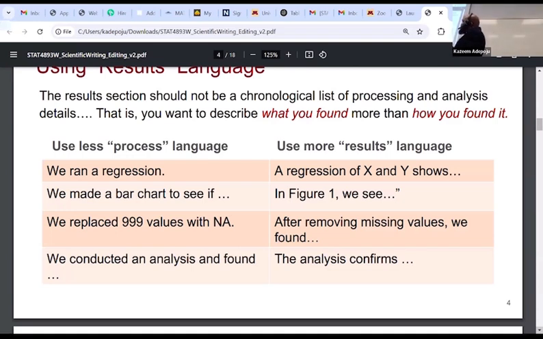What is the percentage in a particular group? Stuff like that. That's why you say Figure 1 illustrates the distribution of Y, showing a clear upward trend over time, and so on.